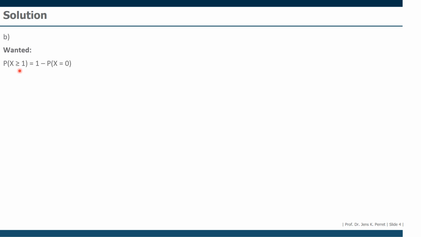So smaller than 1 translates into it's equal to 0. So we only have to calculate, if we work with the counter probability, one probability and not 4 as if we were to calculate this step by step. So this saves a lot of time.